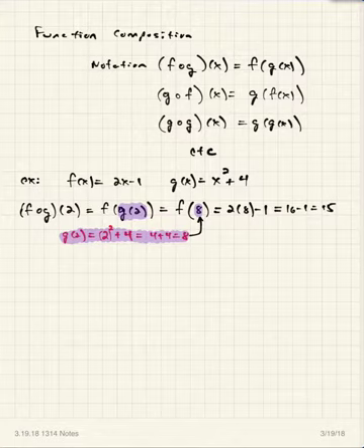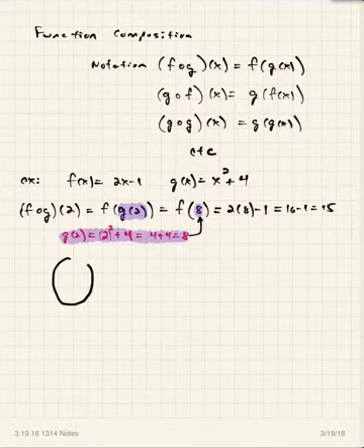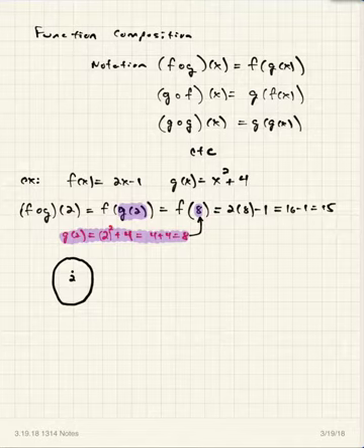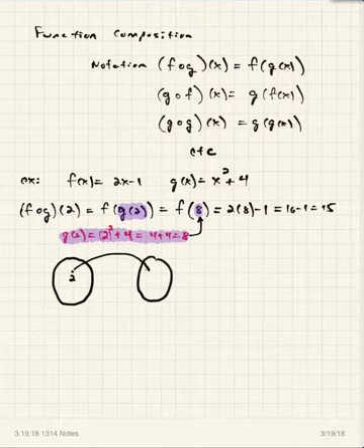All right, so now with a picture of what's going on here, I'm going to draw a big circle like this. You're starting with the number 2. There's the number 2. And the first function that operates on 2 is g. And so g takes 2 and takes over like this.